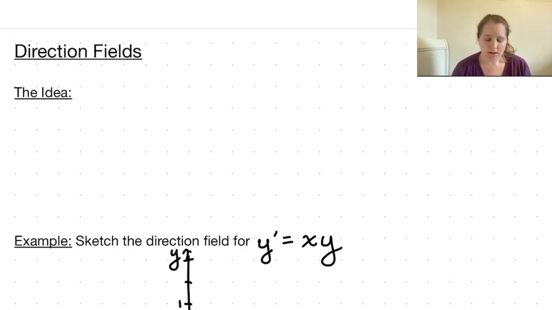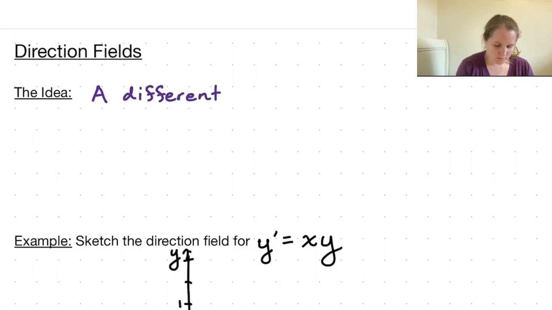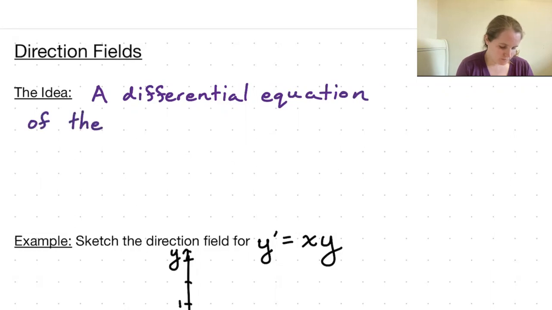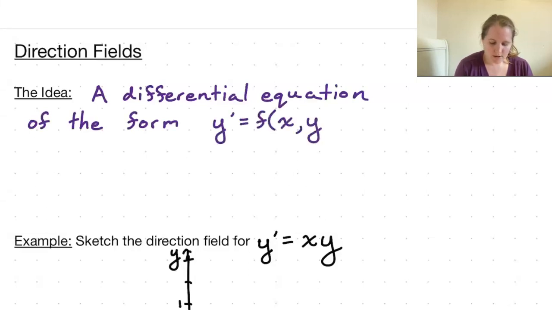So the idea here: a differential equation of the form y prime equals f of x, y is essentially giving us the formula for slope.